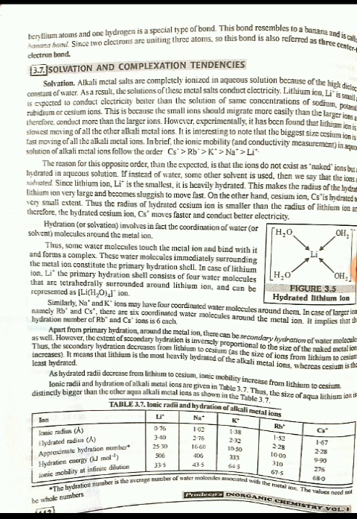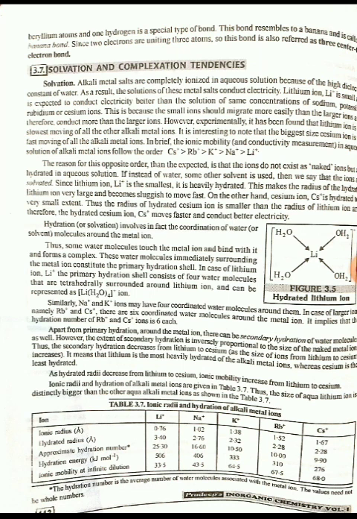Hydration or solvation involves, in fact, the coordination of water or solvent molecules around the metal ion. Some water molecules touch the metal ion, bind with it and form a complex. These water molecules immediately surrounding the metal ion constitute the primary hydration shell. In the case of lithium ion, the primary hydration shell consists of four water molecules tetrahedrally surrounding the lithium ion and can be represented as the [Li(H2O)4]+ ion.